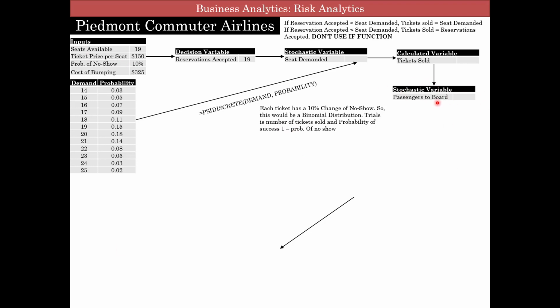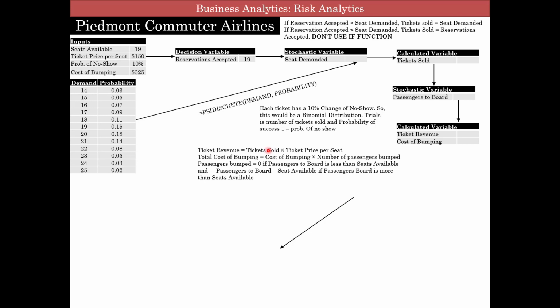That would give you the number of passengers to board using binomial distribution. Then you can calculate the ticket revenue, which is tickets sold multiplied by the price. Cost of bumping will be 325 multiplied by the number of passengers who are bumped.